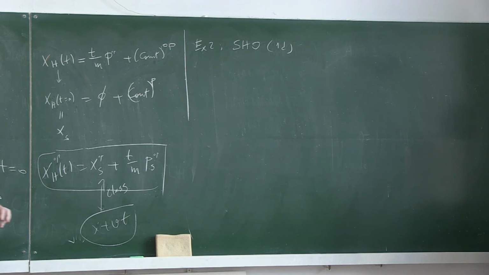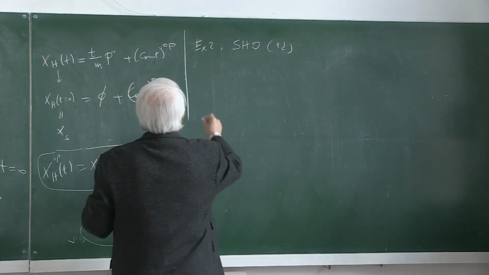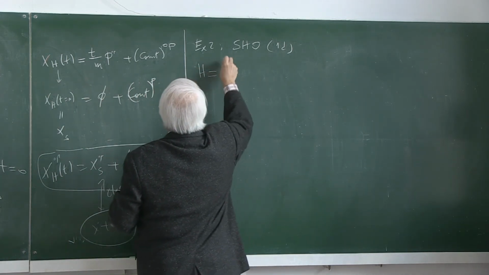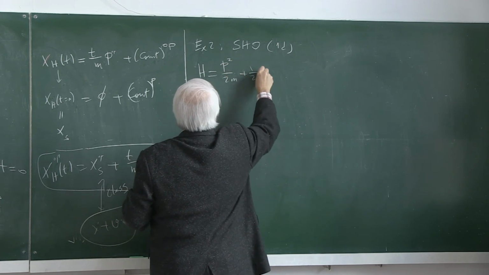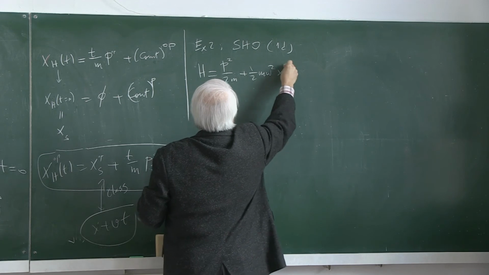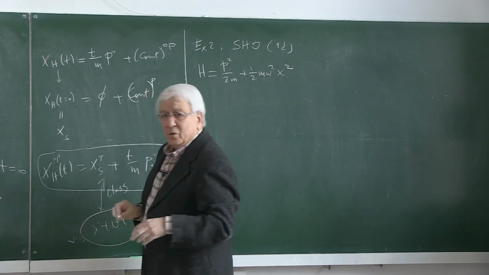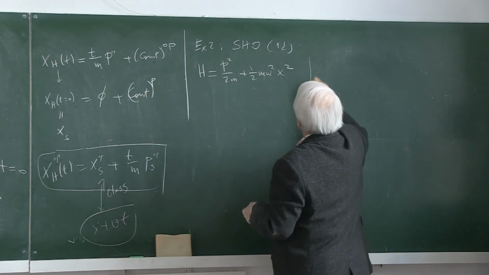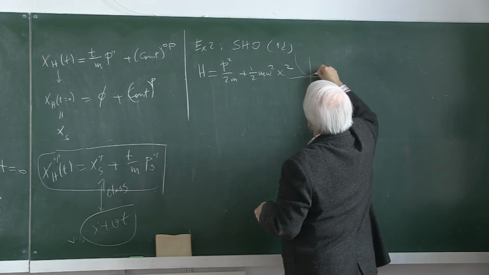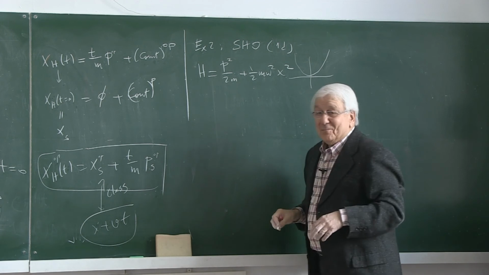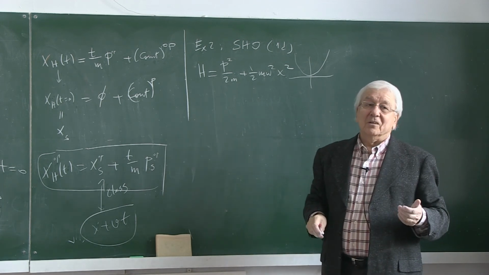So what do we need to start with? It's the Hamiltonian, the usual, p squared over 2m plus one half m omega squared x squared, right? That's the simple harmonic oscillator. And if I was in classical physics, I would have this potential. Of course, the potential is the same. I will have the same potential in quantum theory as well.